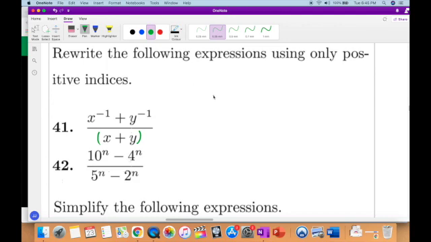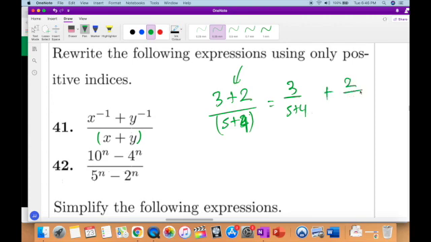So like let me just say I have 3 plus 2 all over 5 plus 4. If I wanted to separate this, I could only separate the numerators. So it would have to be 3 over 5 plus 4, plus 2 over 5 plus 4. You have to keep your full denominator, right?